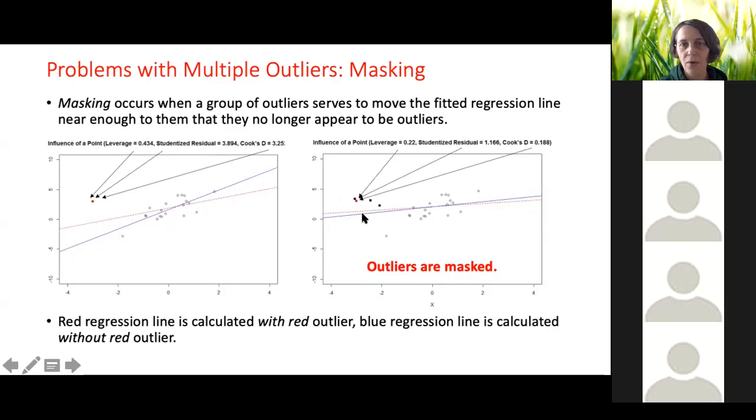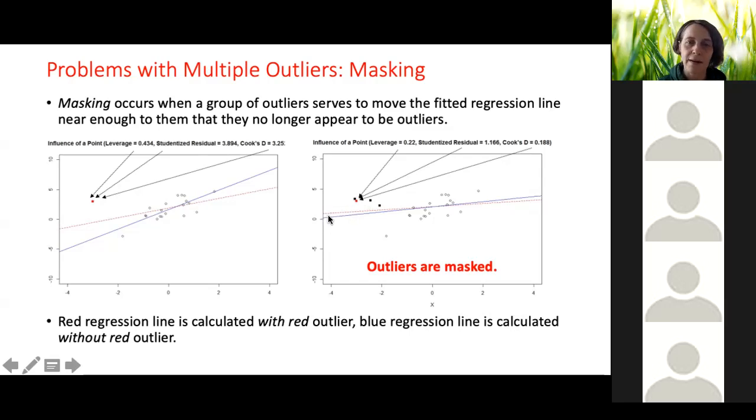However, if we have more than one of these, if there are similar data points that are still deviant from the rest of the data points in our sample, then excluding only this one outlier does not change the regression function that much, because the other ones here still basically maintain this pull. That means all these detection methods for influential cases basically operate by only excluding one case from the data set and then seeing how much the regression statistics change.